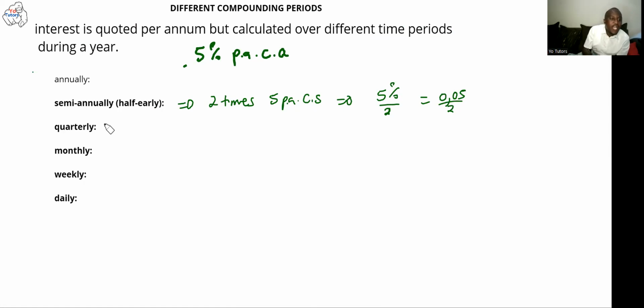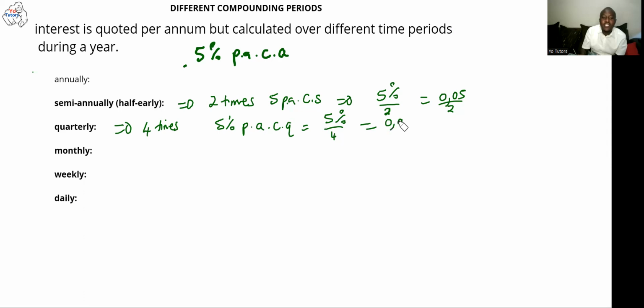But when you have quarterly, it means that it's charged per annum and compounded 4 times. So if it's 5% per annum compounded quarterly, it's 5% over 4, which is equal to 0.05 over 4. That's how we write it.